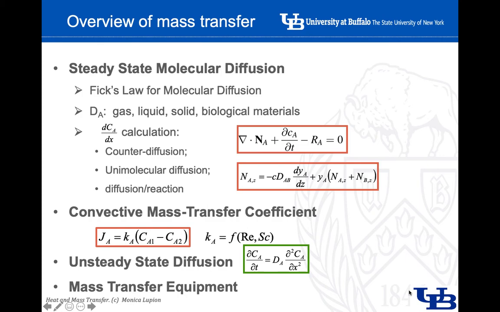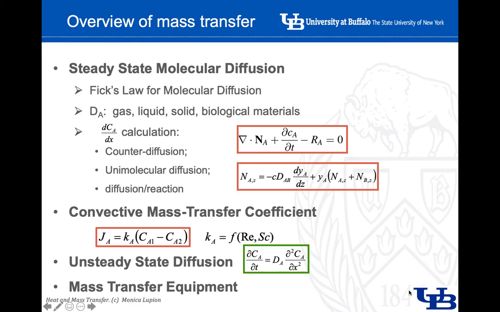That's the conservation equation. The second equation that we covered and defined is the Fick rate equation, which is based on the contribution of the molecular diffusion and the convective mass transfer.